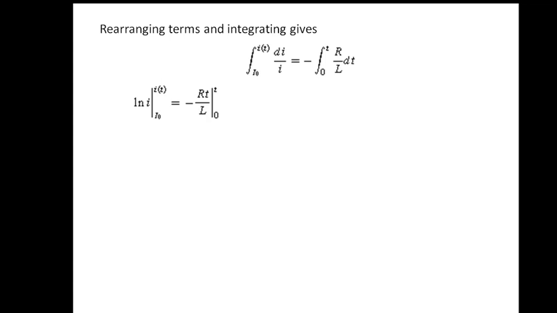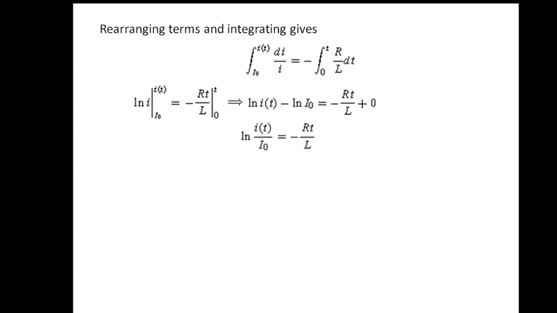Substitute these values here. You will get ln I of t minus ln I naught equal to minus Rt by L plus 0. Now, you already know ln A minus ln B equal to ln A by B. In a similar way, here we use the same: ln of I of t by I naught is equal to minus Rt by L. That is the expression here.